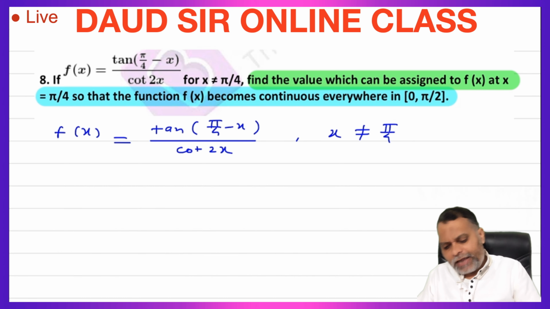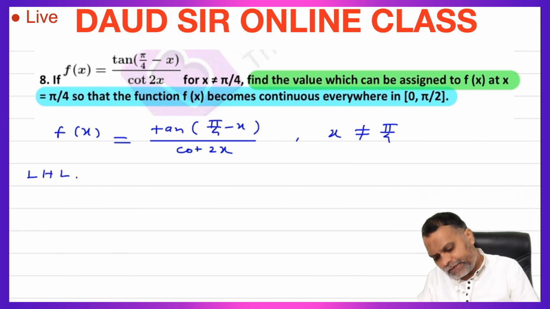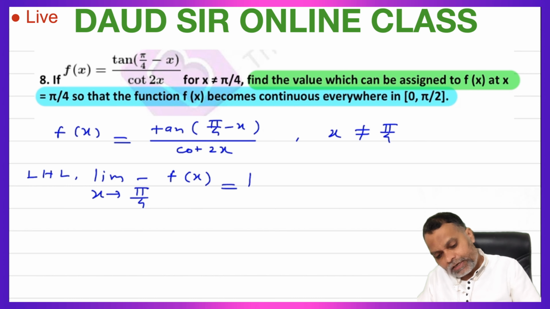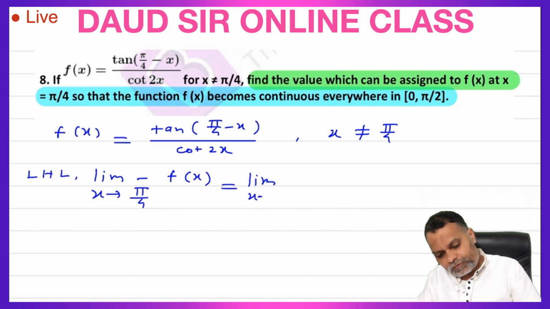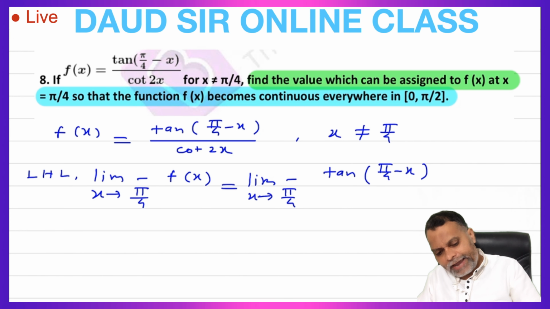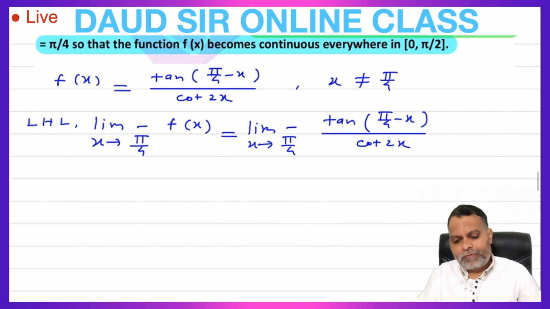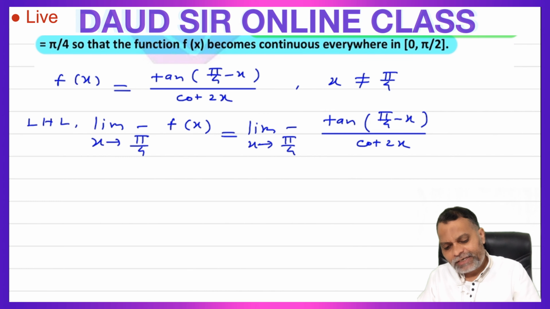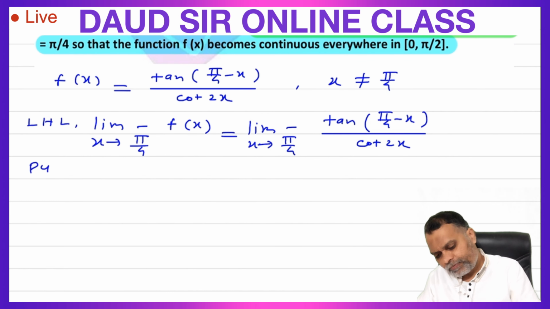So left hand limit: limit x tends to pi by 4 minus of f of x is equal to limit x tends to pi by 4 minus of tan of pi by 4 minus x upon cot 2x. So for the left hand limit we have to put x is equal to a minus h. Here a is equal to pi by 4. So put x is equal to pi by 4 minus h.